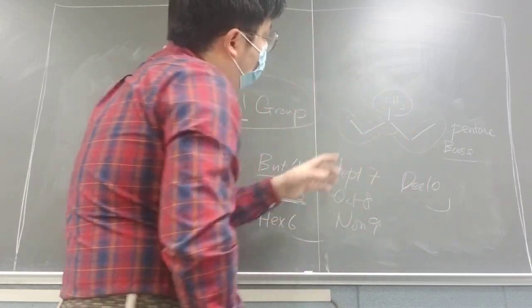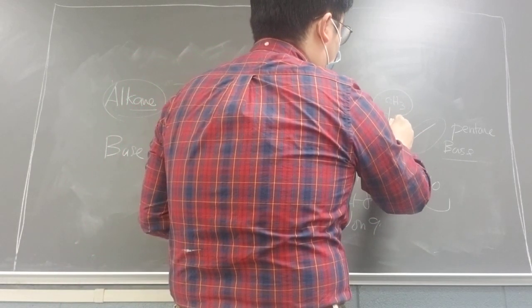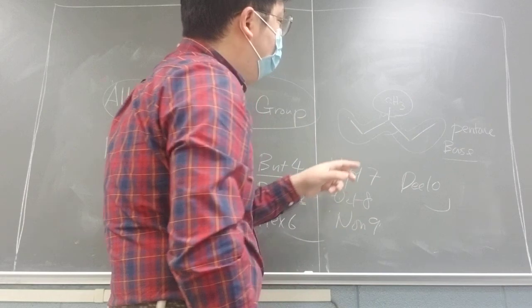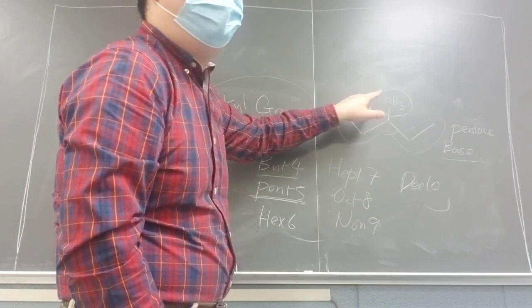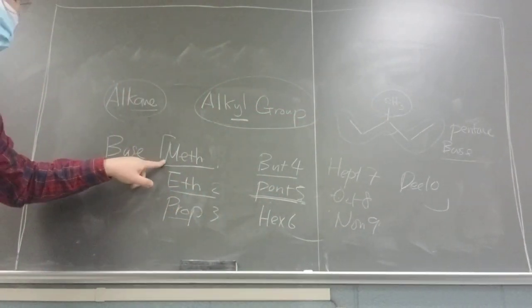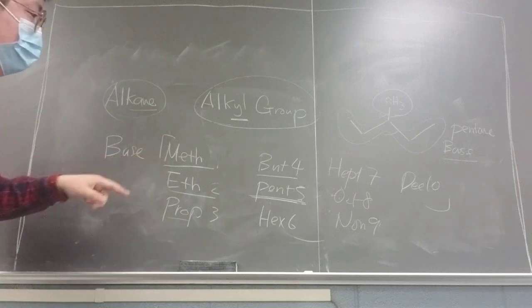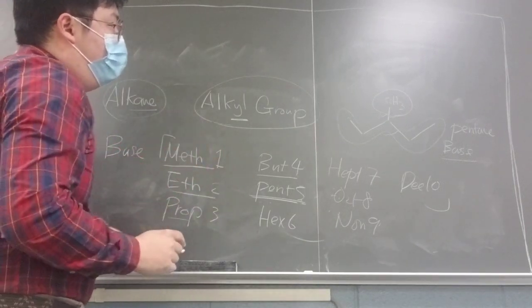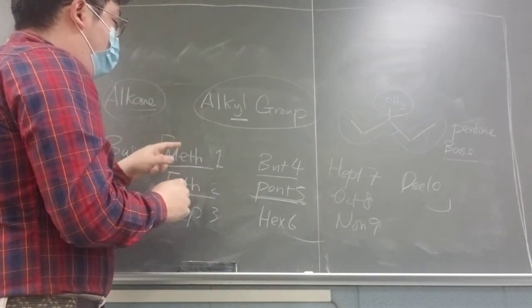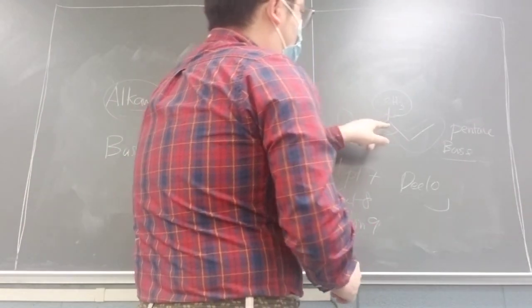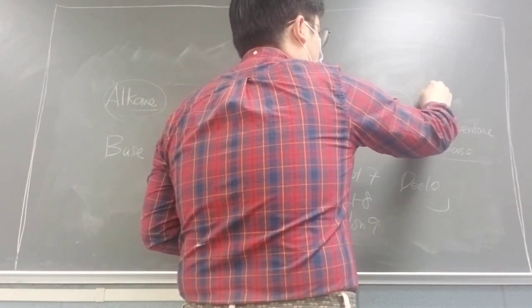And same here, let's just separate it for a moment from the base. If you look at just this one over here, it only has 1 carbon, which is meth, right? This is only 1 carbon attached, so we can do this with the meth.